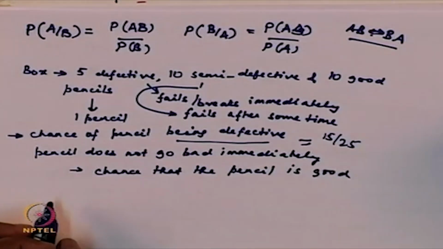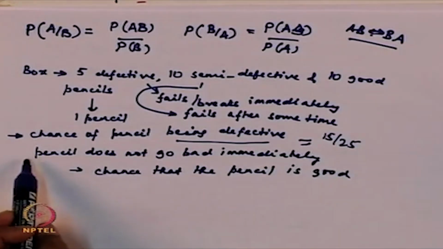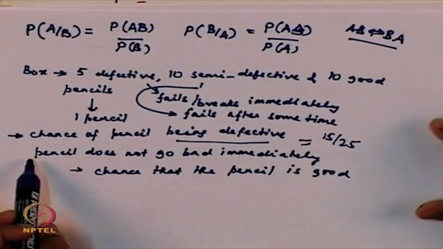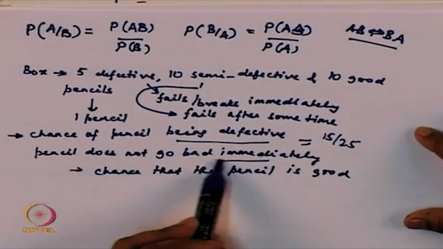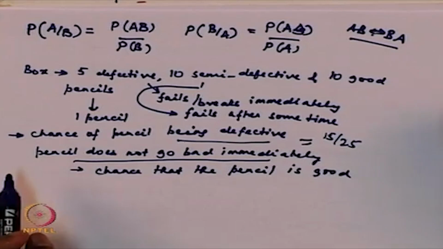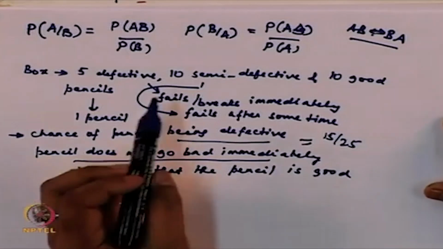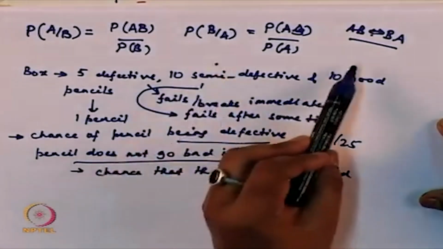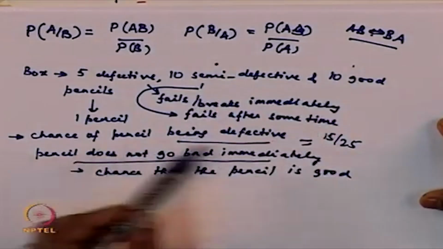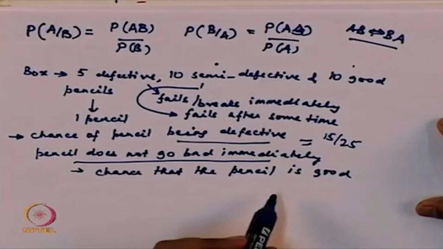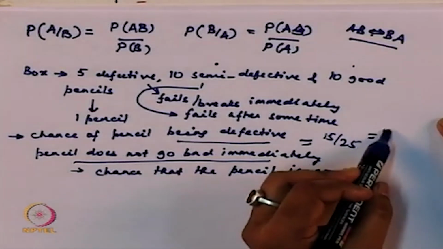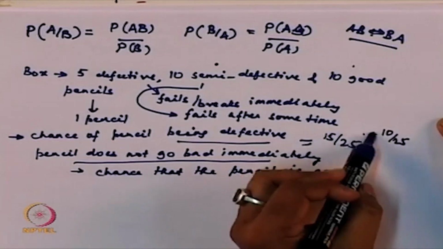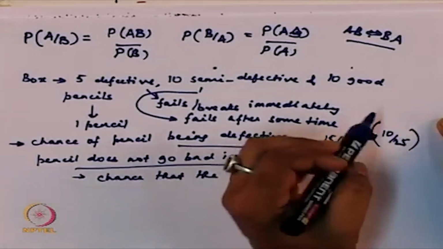This is an example of conditional probability. If I have the statement that the pencil does not go bad immediately, it means that I have either chosen a semi defective piece or a good piece. So, under this case what is the probability that the pencil is good? In the earlier case it was simply 10 by 25. So, this is the chance of the pencil being good.